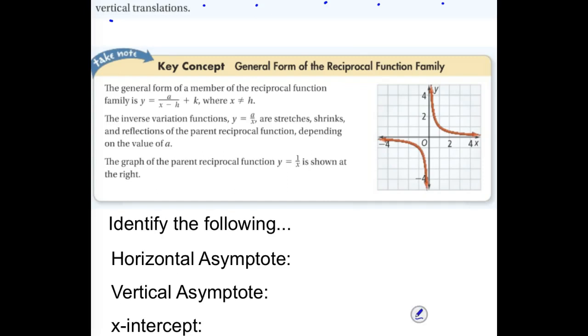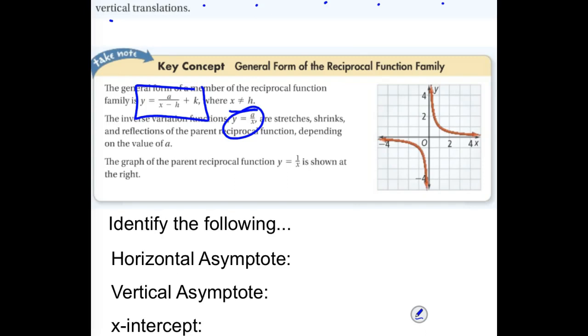Okay, so if we think of y equals a divided by x minus h plus k, now our restriction is that x cannot equal h because that would create a 0 in the denominator. We can't divide by 0. We are taking that inverse variation function and we're going to just translate it.